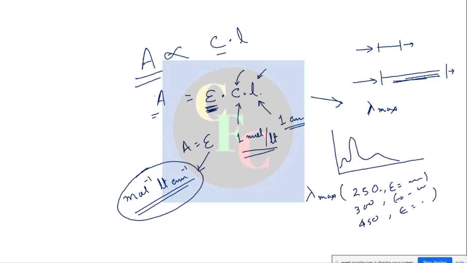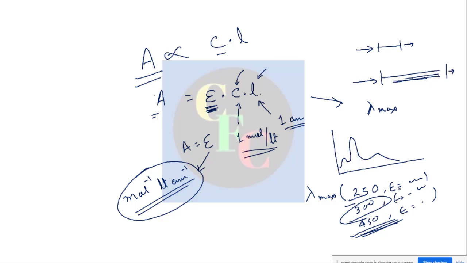If you see this data, you will clearly understand that this one is the least intense, this is the highest intense, and this is the middle intensity. So epsilon is very important to report in UV visible spectroscopy, right?